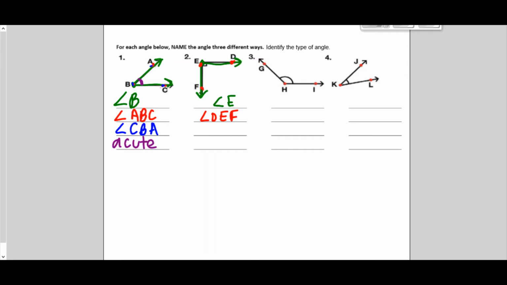Or we could name it, if we start with F, we can name it FED. Remember that the vertex always has to be in the middle whenever you name an angle. They show you this has that special right angle symbol, that little box in the corner. So this is a right angle.